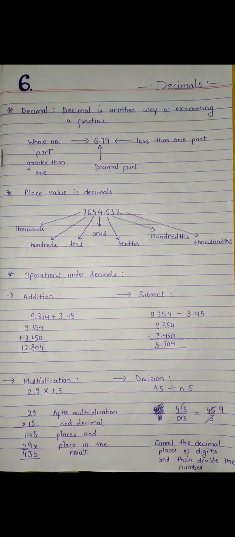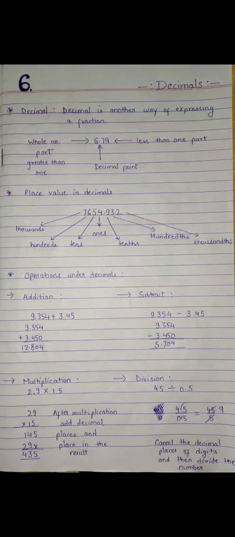Both the decimal points must be below each other or above the other number. And while addition and subtraction, you have to keep it in mind very clearly. Otherwise, your addition or subtraction will result in a wrong answer.